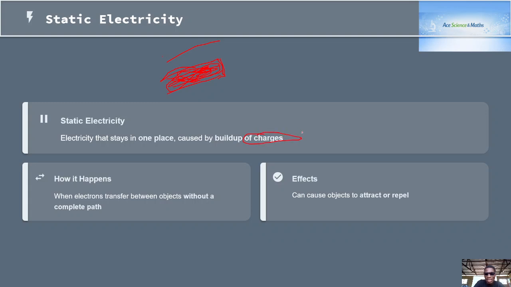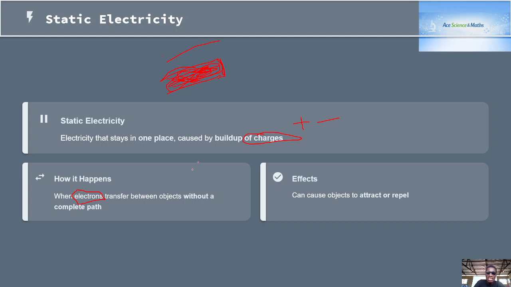This is a key thing for you to understand, that we learn about positive and negative charges. If any of these build up as a result of an obstacle or blockade, it becomes static electricity. Now, how does it happen? When electrons transfer between objects without a complete pathway. Electrons are negatively charged, so they move between two or more objects that do not have a complete pathway.